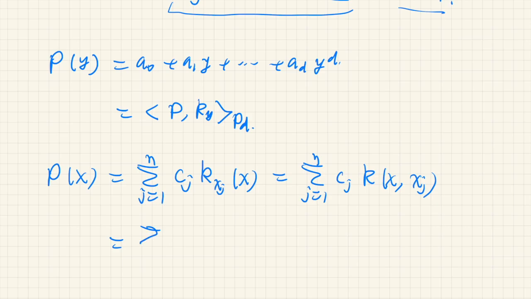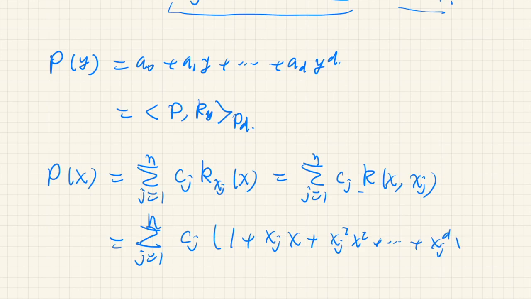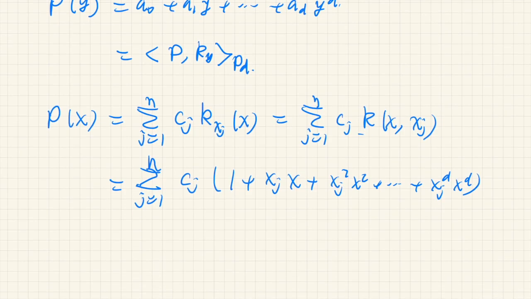If we write this kernel function more explicitly, this is equal to cj times (1 plus xj x plus xj squared x squared, and so on, xj to the power of d x to the power of d).